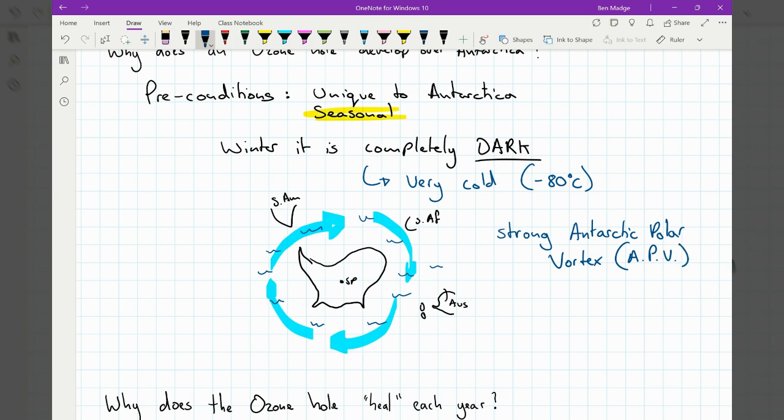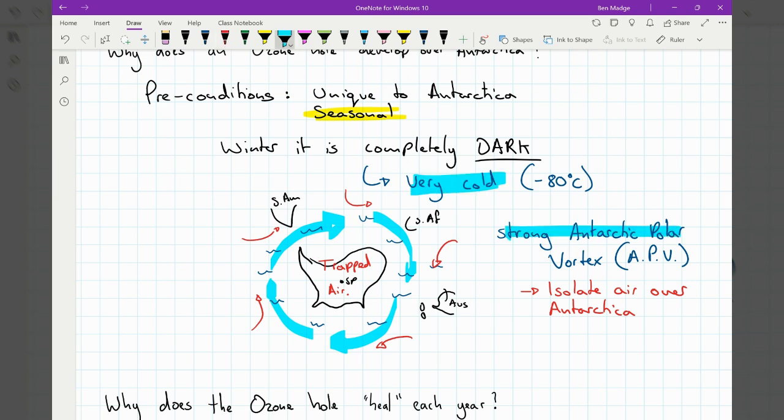So the Antarctic Polar Vortex develops, and what this does is isolate air over Antarctica. Because any air from the surrounding regions that tries to get in gets trapped in this polar vortex and does not get into this trapped air over Antarctica. So these are our two preconditions. It gets very cold and we have a strong polar vortex developing.